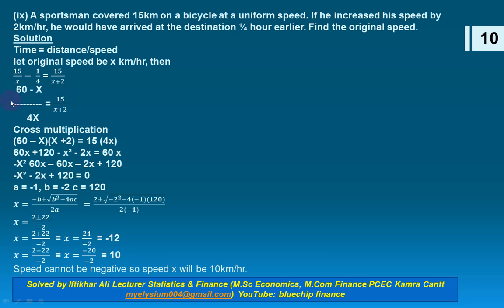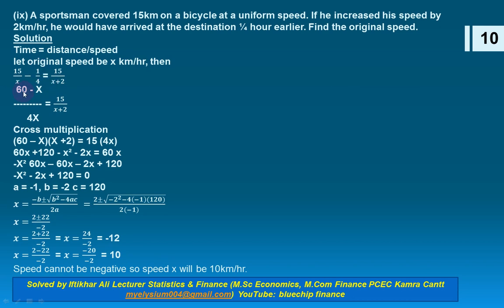After calculation of this, we simply take 4x here. x multiplied by 4 equals 4x, and 4 multiplied by 15 equals 60. Similarly, the 4 will be eliminated with this 4, and the remaining x will be multiplied by this.